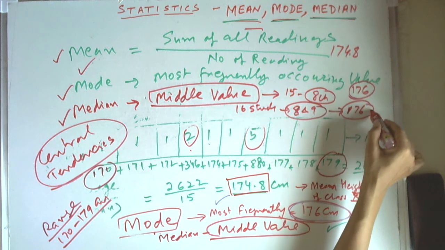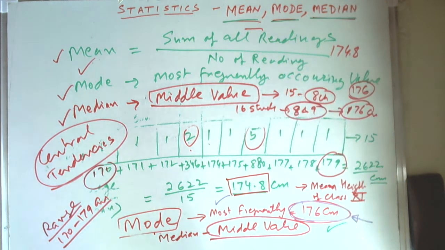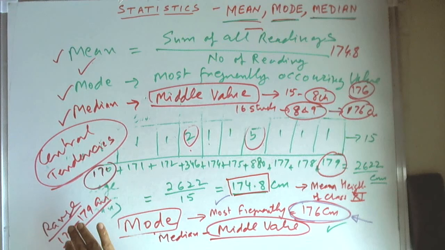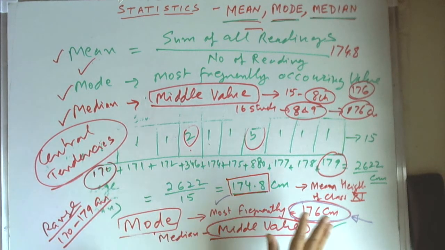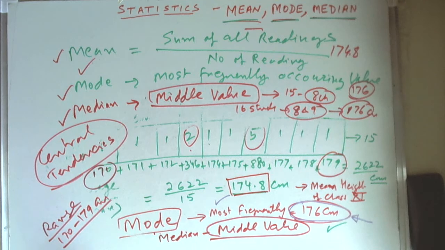So if you really see it, all three are not very far, they are quite close. So when we are talking of a group, then these three measures are used, but which measure is more accurate or more representative will depend upon how the group variation is. If the variation is uniformly distributed, meaning there is a uniform distribution, then all three measures will give us something very similar.